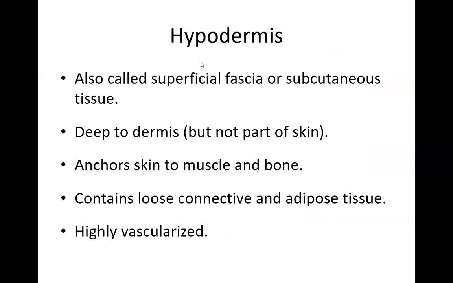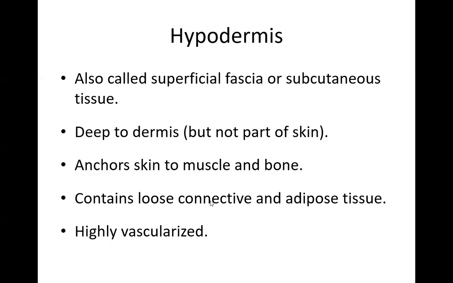The hypodermis, also called superficial fascia or subcutaneous tissue. They are deep to the dermis, but not part of the skin. They anchor the skin to the muscle and the bone.